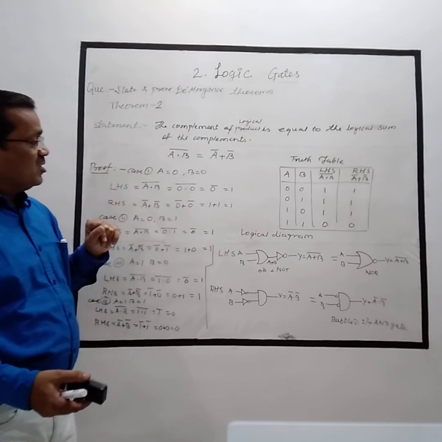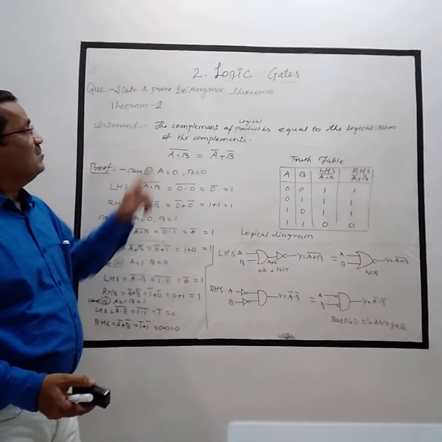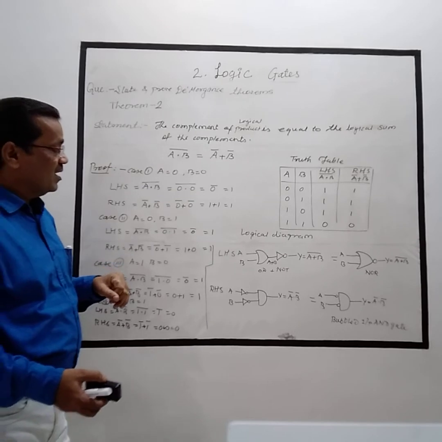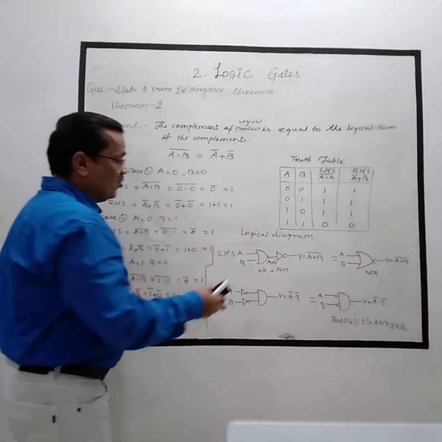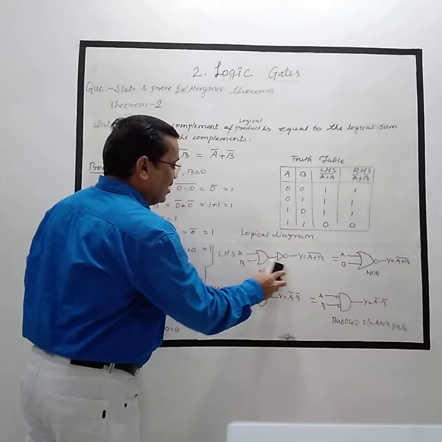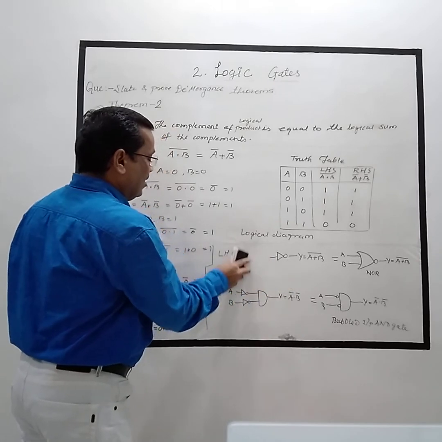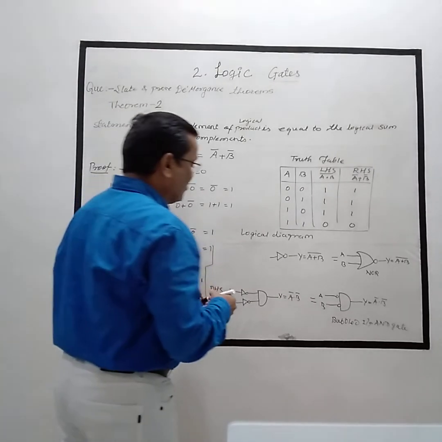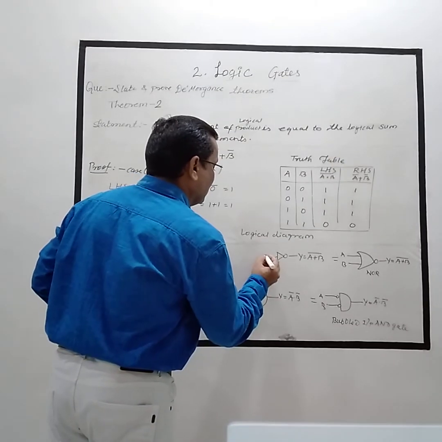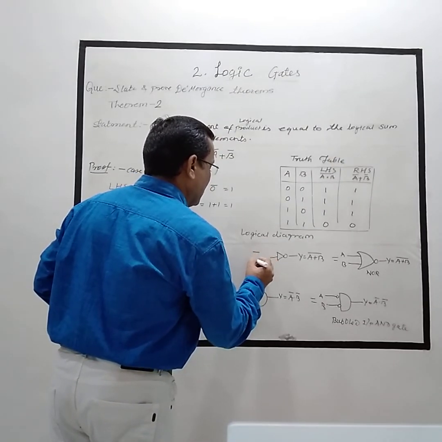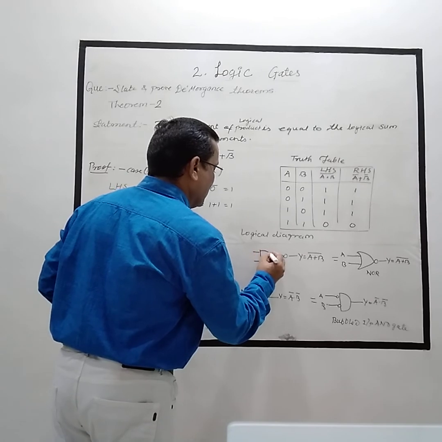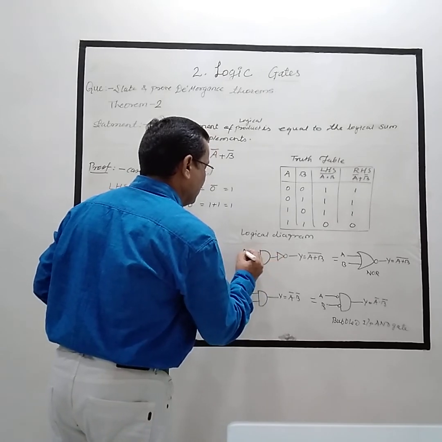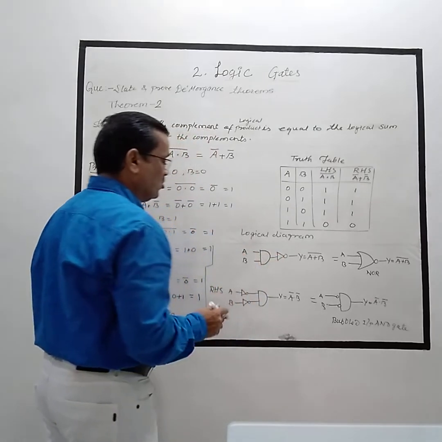Now, what about the logical diagrams for the De Morgan's second theorem? It is totally different. Now, here we are using NAND gate and plus not. This is an AND gate. Here A and B are the inputs.